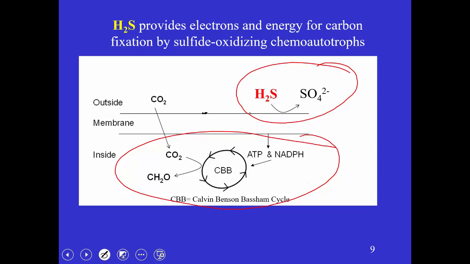So everything else is the same. The only crucial difference is the source of electrons is H2S for these organisms and water, H2O, in the case of the oxygenic photoautotrophs like higher plants and phytoplankton. So there's the equation that we've seen many times already. Now the oxidation is carried all the way to sulfate, the most oxidized form of sulfur in the biosphere.